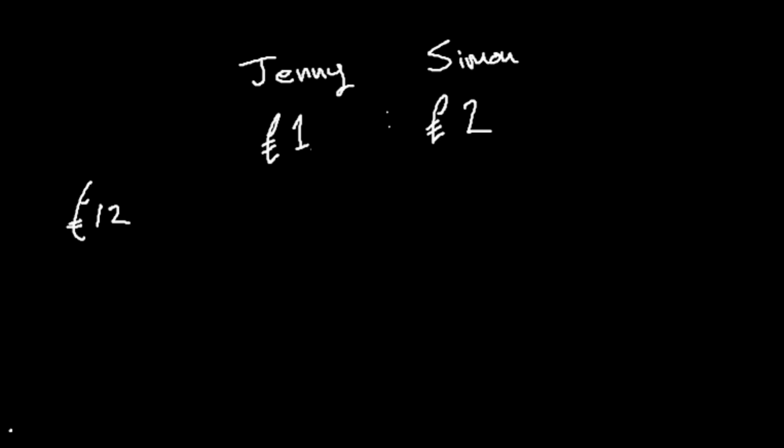Okay, so let's have a look at this first example here. Let's say that Jenny and Simon have gone into business together, and they make a deal that for every £2 that Simon makes, Jenny gets £1. Let's say that Simon works more often. It should be quite obvious that you would times by 2 to get from 1 to 2.